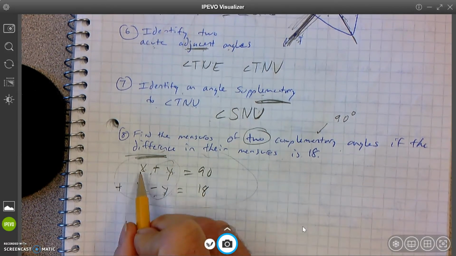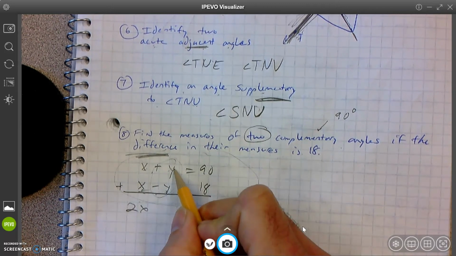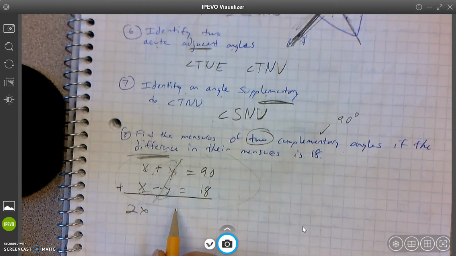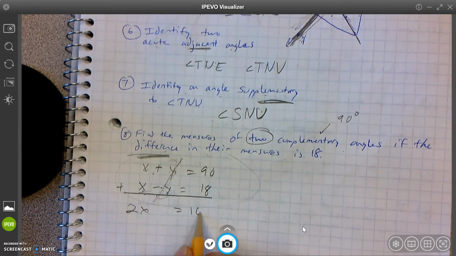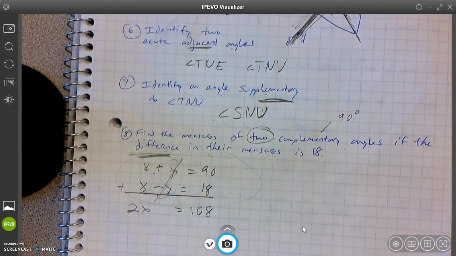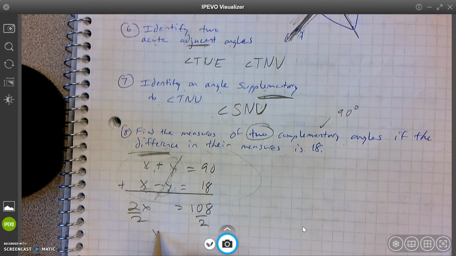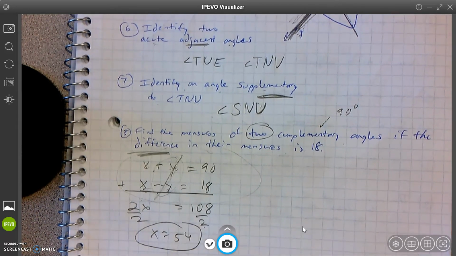See, when I add these up, x plus x is going to be 2x. Y minus y is 0. Goodbye. And then I have 90 plus 18, which is going to be 108. Yes, 108. So divide by 2. And you have, what's half of 108? That would be 54. Cool.